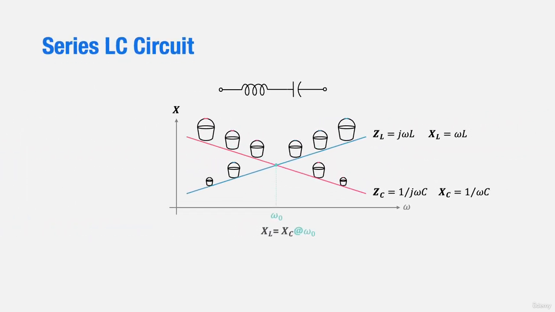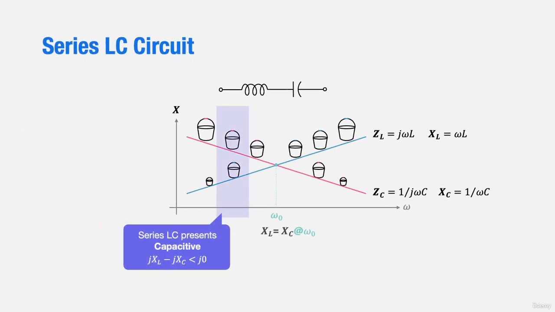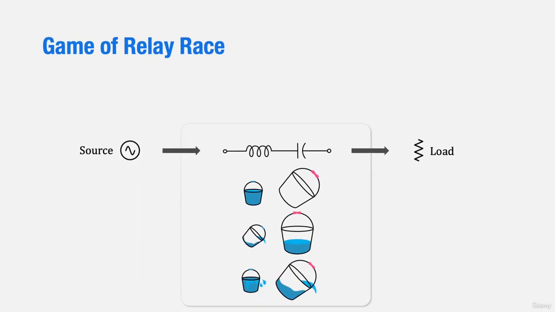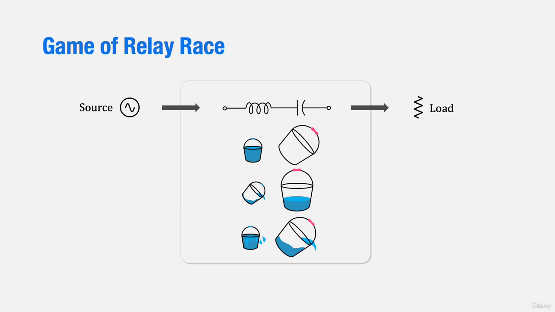When the operating frequency is lower than omega 0, the inductor's bucket will be smaller than the capacitor's bucket. In this case, the series LC circuit will be capacitive at that frequency. If we have a small inductive bucket in series with a large capacitive bucket, during the first half cycle, the inductor receives energy until it's full.